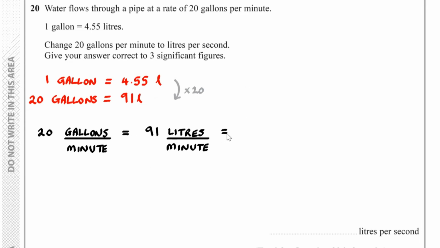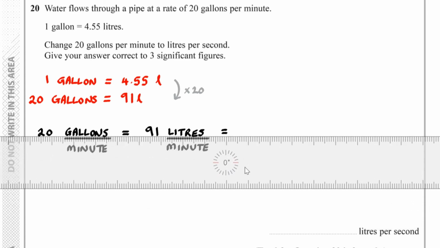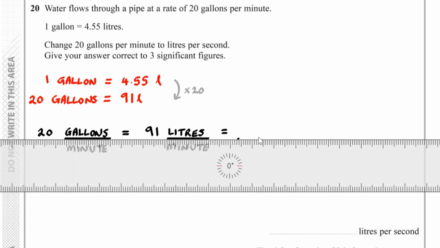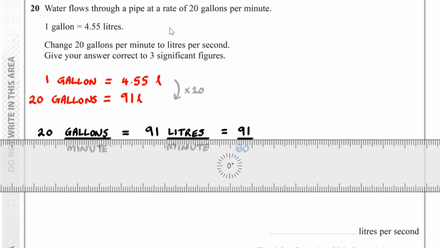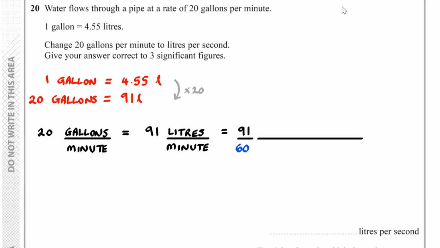So what we have here then is 91. Then if I divide this by 60, I can convert it into litres per second.